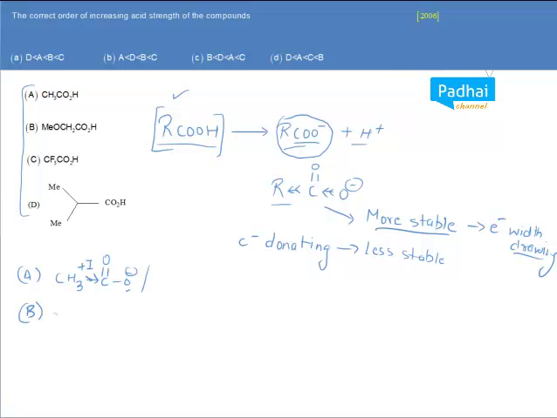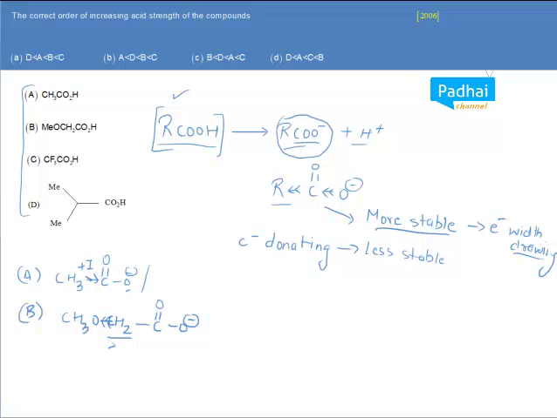Now if I talk about the second compound, it is CH3O CH2 C double bond O, O minus rather, right? Now what will happen over here? Although CH2 has a plus I effect, since oxygen is an electronegative atom, it will attract the electron density.